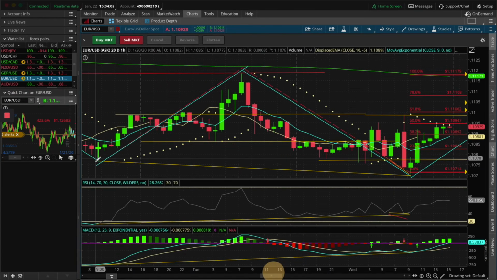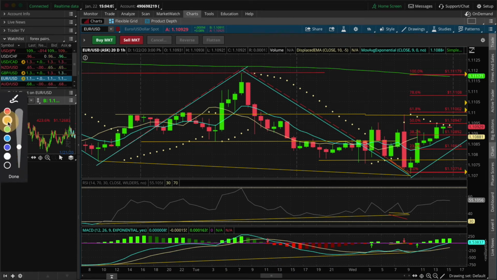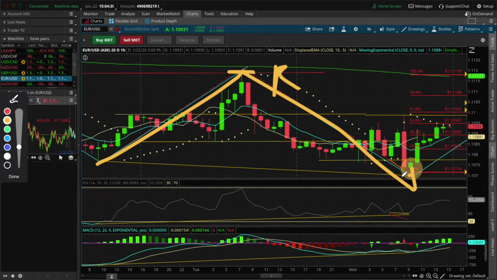Essentially, to draw the Fibonacci lines, you take it from the lowest point to the highest point, to the point where it had a point of resistance. Trace it back down to the next lowest point, and that would present you these Fibonacci lines.